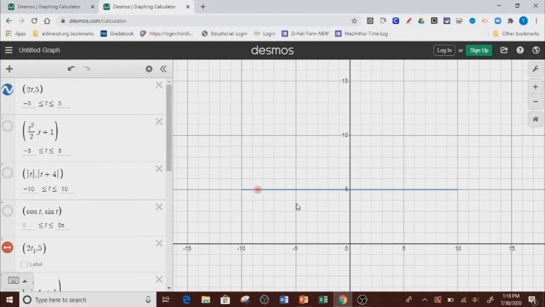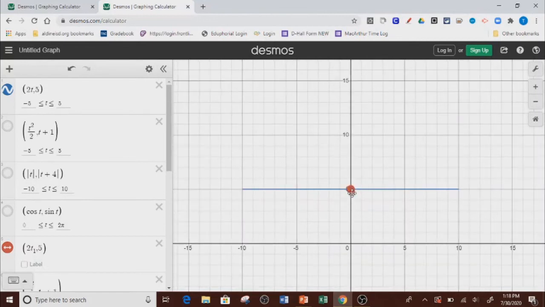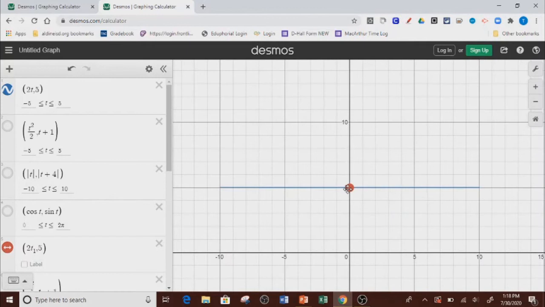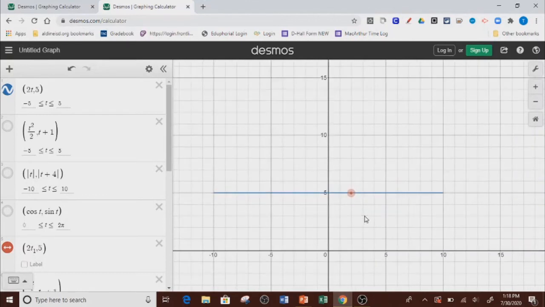And your y distance is always 5 miles, okay? Then this tells us that at time t equals 0, you are right on the y-axis. And at time t equals 1, you are 2 spaces eastward of the y-axis.